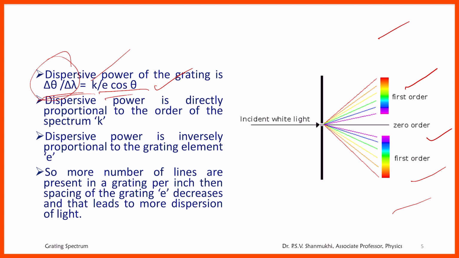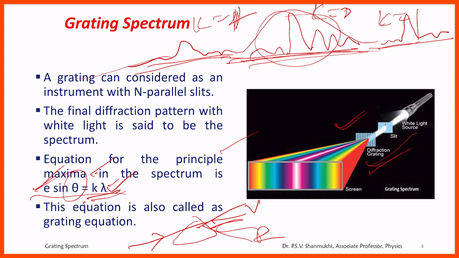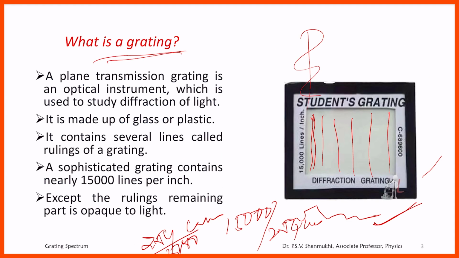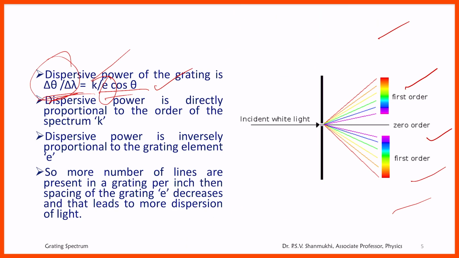And there is another interesting feature here: delta theta by delta lambda is inversely proportional to e. What is that e? e is called the separation of the slits. This is the grating element or separation. As the separation is increasing, what happens? The dispersive power decreases.